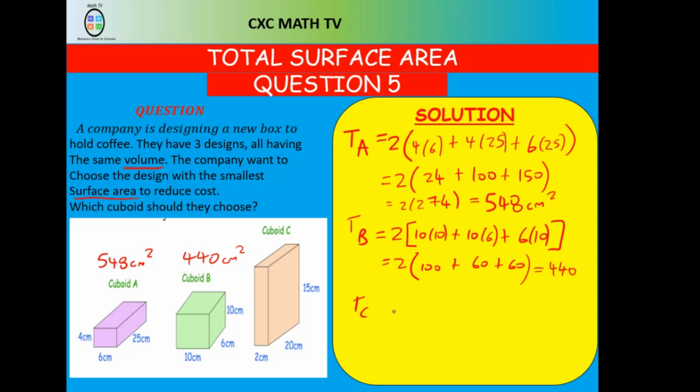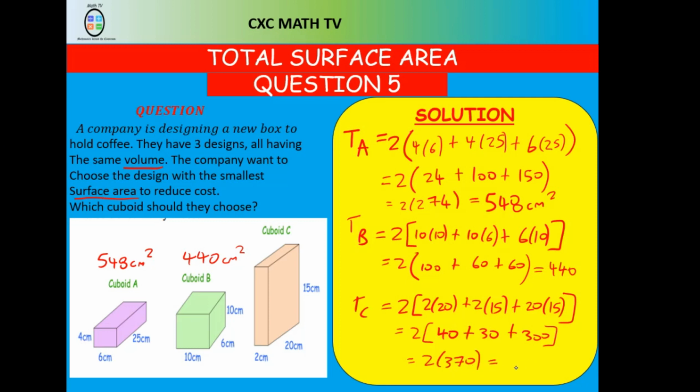Let's look at C now. C is 2 in bracket, 2 times 20 plus 2 times 15 plus 20 times 15. So that works out to be 2 times 40 plus 30 plus 300. Clearly this is a big surface area, 370 times 2, which is over 700 for sure.